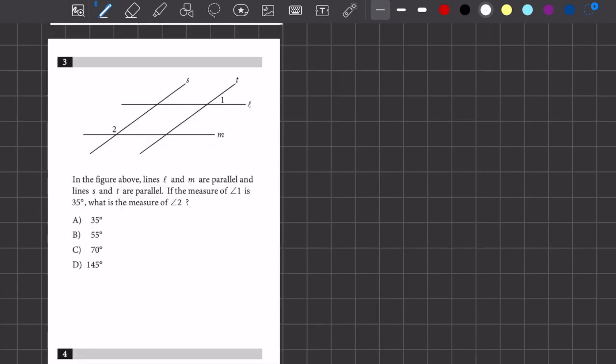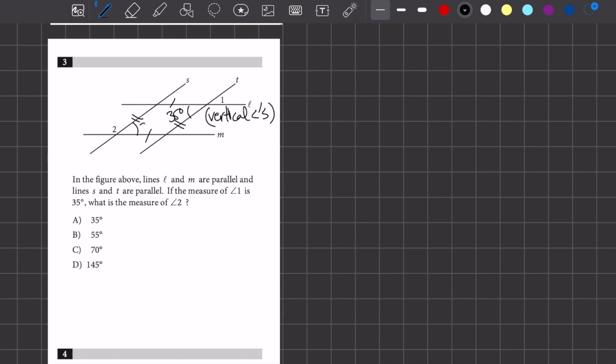For question 3, we need to find angle 2 when angle 1 is given to be 35 degrees. So we work our way on the diagram. This angle will equal 35 degrees as it is opposite, or in geometric terms, vertical to angle 1. We see that the interior shape is a parallelogram as the opposite sides are parallel.